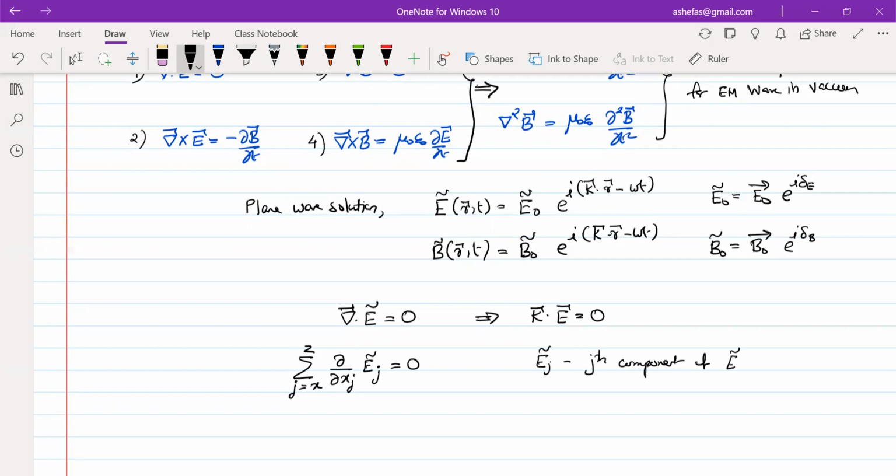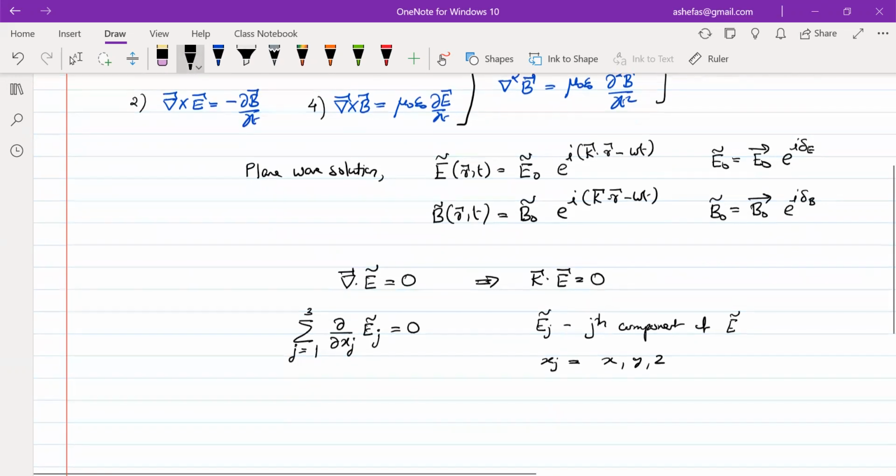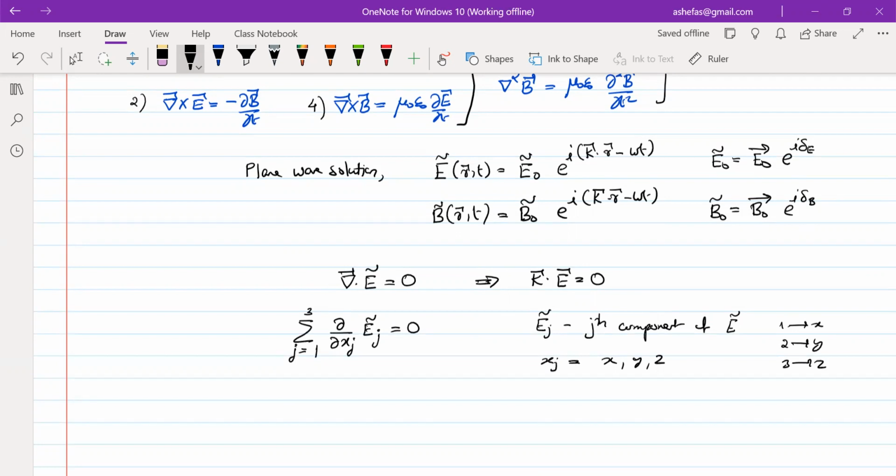So what is x_j? x_j can be x or y or z. Instead of x to z, better we put 1 to 3, since there are only three components: x component, y component, z component. One corresponds to x, two corresponds to y, and three corresponds to z. So that would be the better notation.